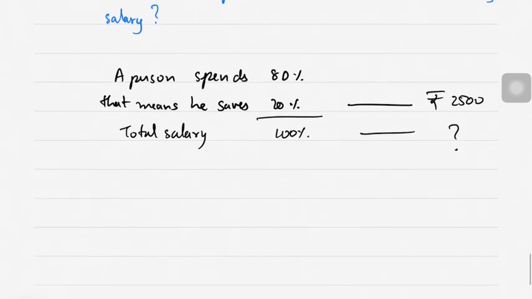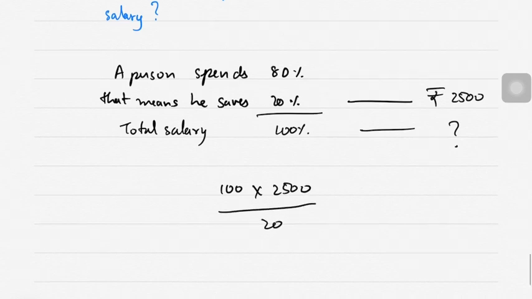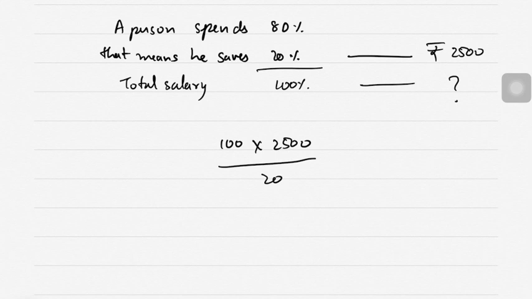So 100 into 2500 divide by 20. $12,500. Correct?